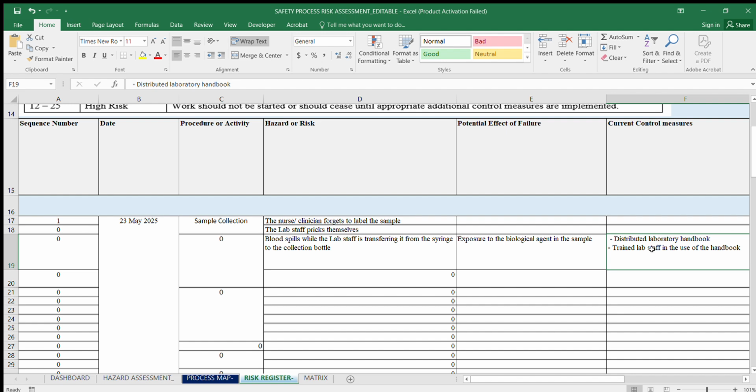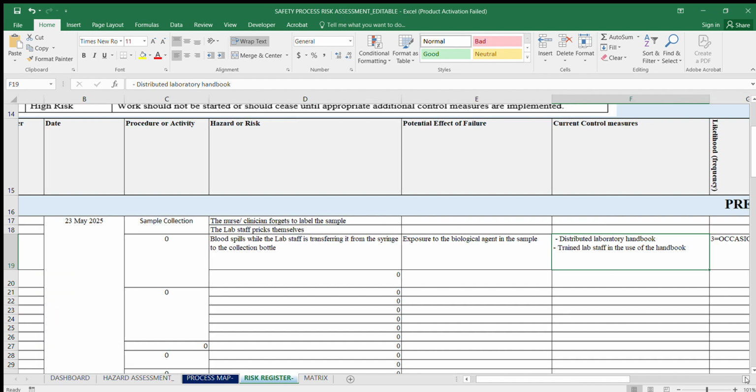In this case, what have you done as a laboratory to reduce the chances of someone spilling the blood while it is being transferred from the syringe to the collection bottle? Or what have you done to eliminate this scenario, where someone does not need to transfer blood from a syringe to the collection bottle? So what have you done as a laboratory?